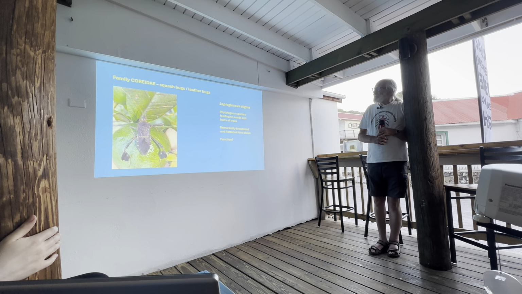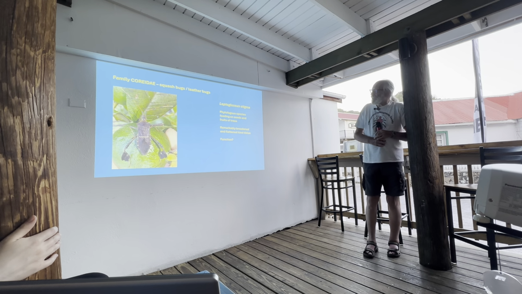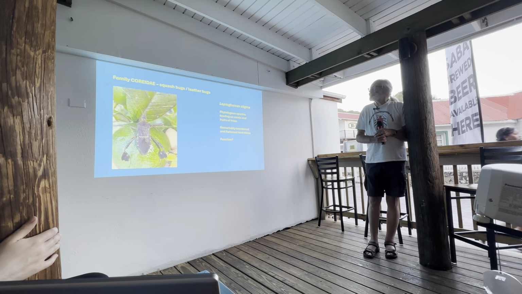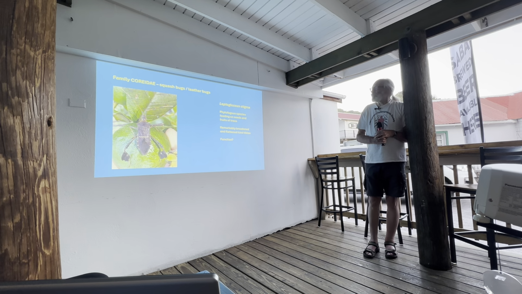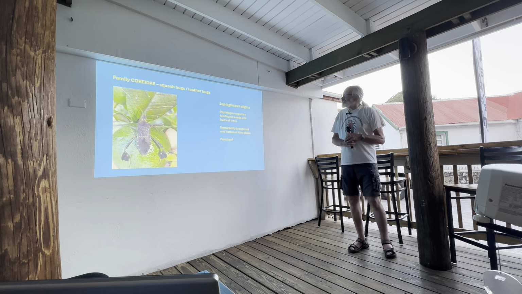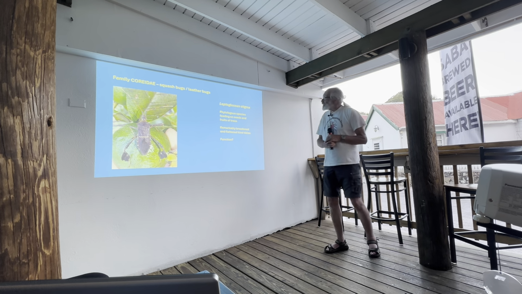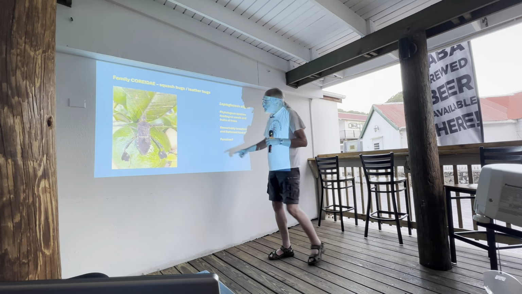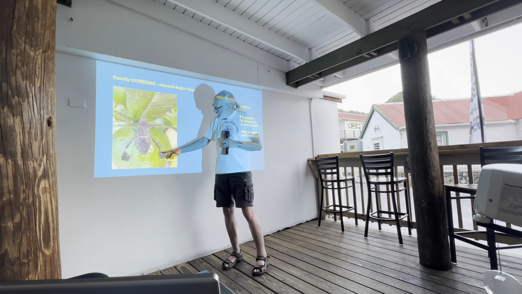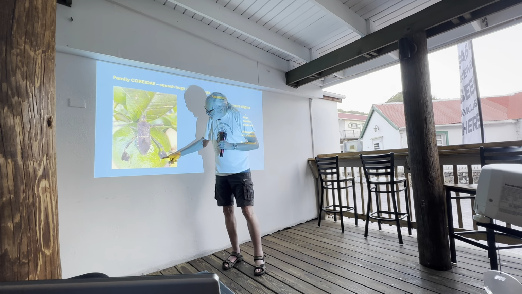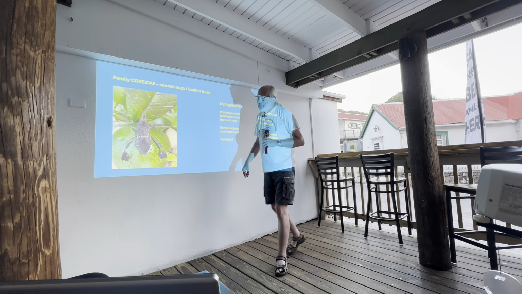Next one. Family Coreidae, squash bugs or leaf-footed bugs. They are phytophagous, so they live on plants, mostly on seeds and fruits of trees. And this genus of Coreidae is remarkable because they have very large, broadly flattened tibiae.